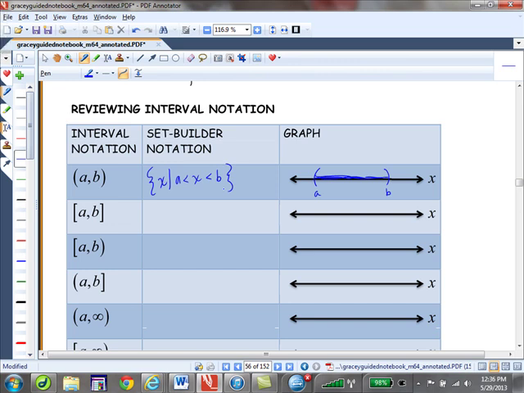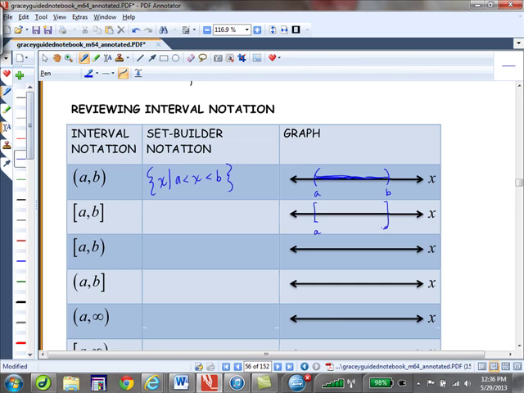So this is if you have just an x graph, not the coordinate plane x and y. With the coordinate plane x and y, you'd use an open circle instead of parentheses and a closed circle instead of a bracket. So this one here is including the endpoints.